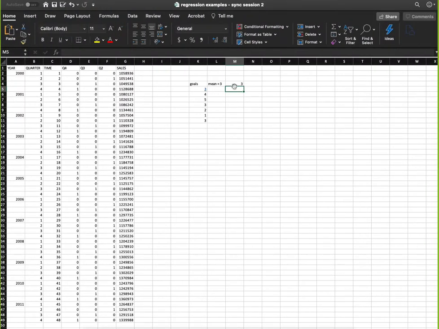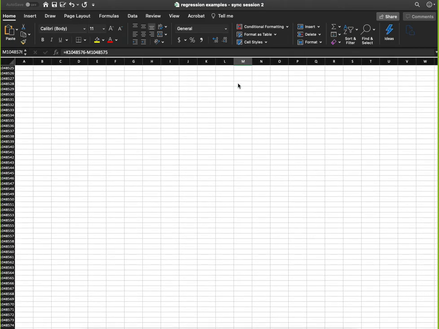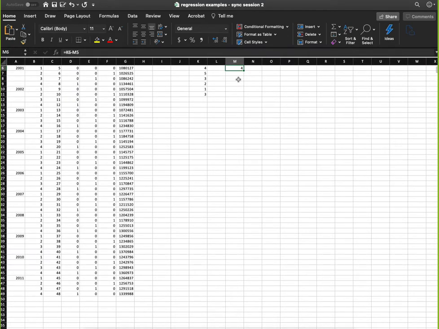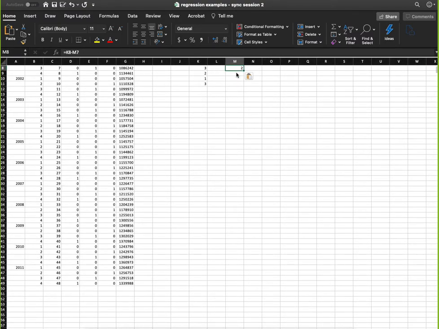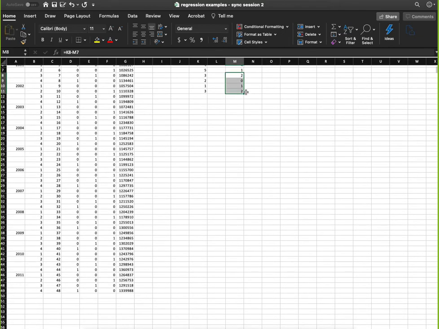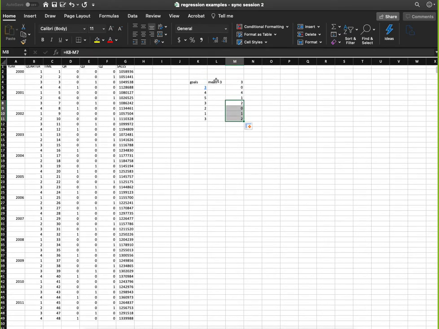What's good about Excel is instead of me actually having to do that, I can very quickly say, here's my data subtracted by 3 here. And then I can just copy and paste this all the way through. In fact, you can grab this little corner down here and it'll do all of that for you.